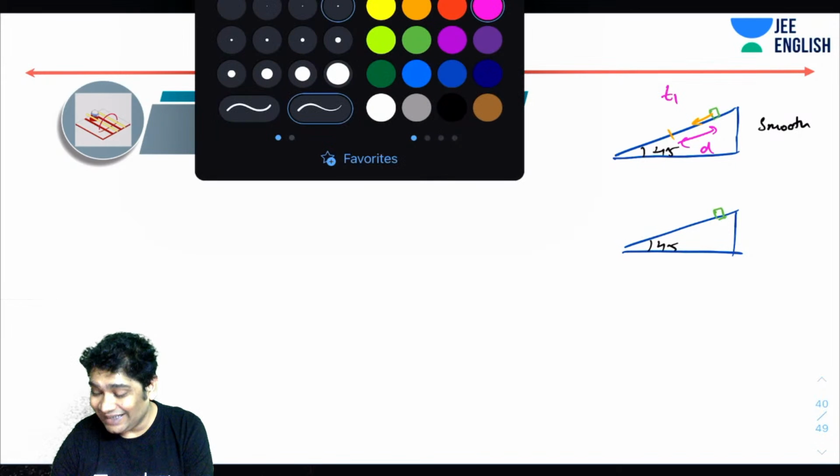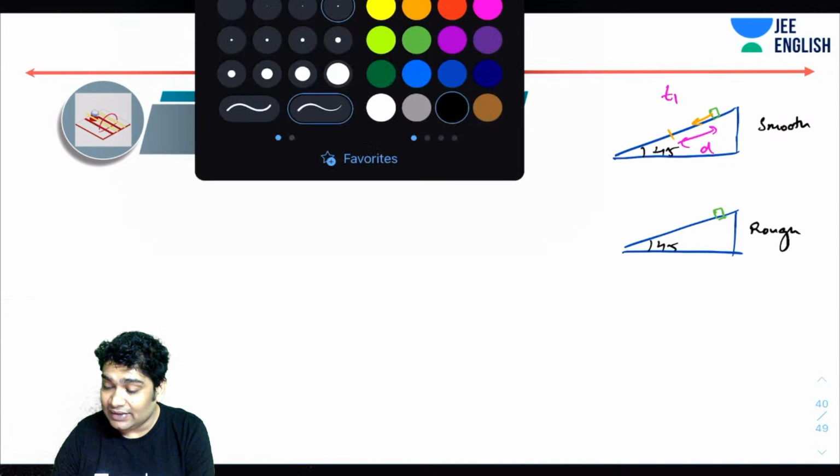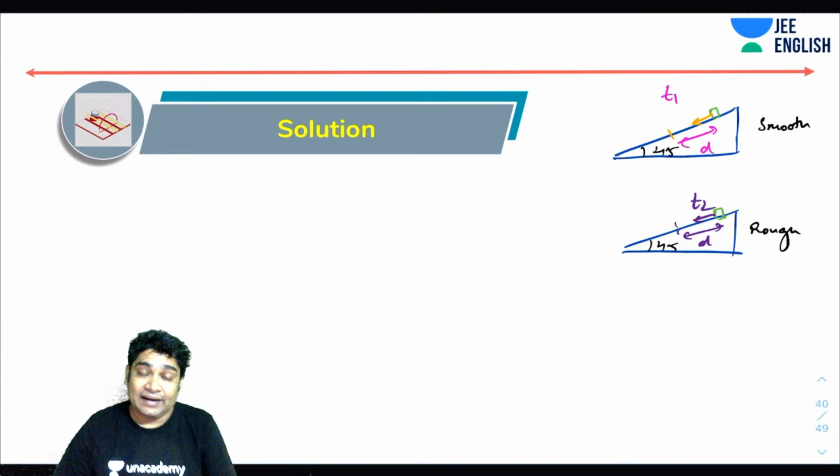And in the other case, let's imagine that this incline was rough. With the rough incline, it takes a time of t2 to come down a distance d. Obviously, on the rough one it will move slower, so the time taken would be more.